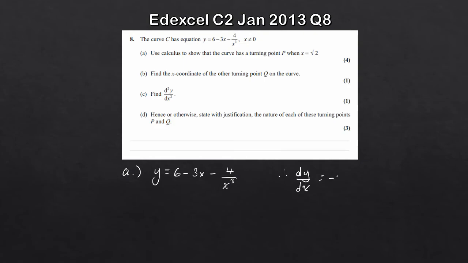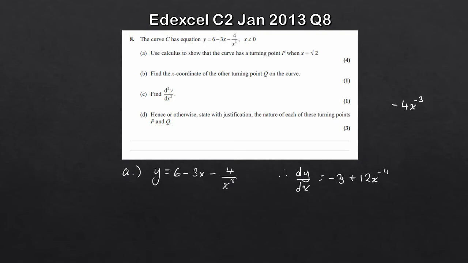Minus 3x will just give us minus 3. And this 4 over x cubed, let's write that in a form we're used to, so that'll be minus 4x to the minus 3 like that. Okay, so differentiating this now, minus 4 times minus 3 will be plus 12, and then subtract 1 off your power. So minus 3 minus 1 will be minus 4 like that.